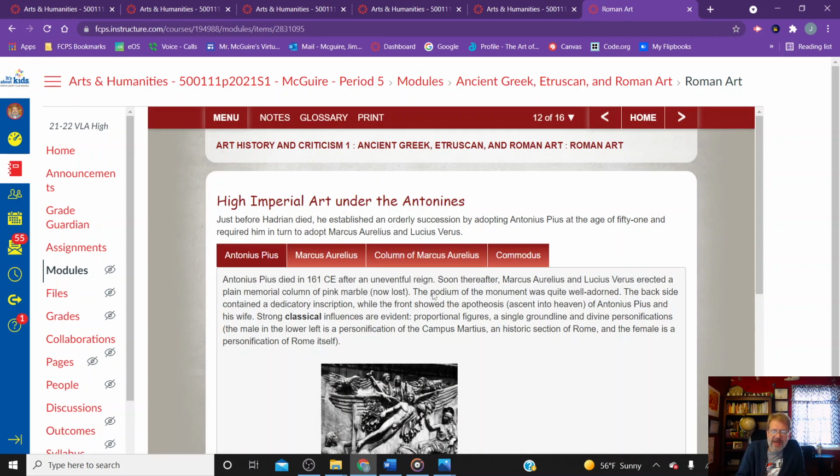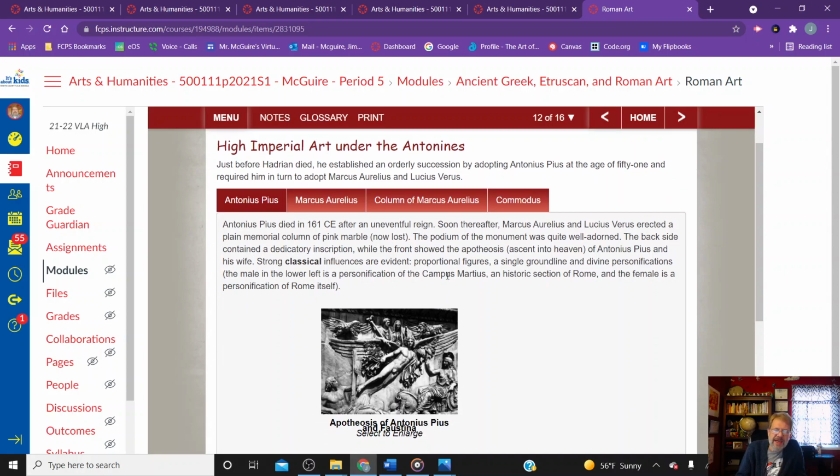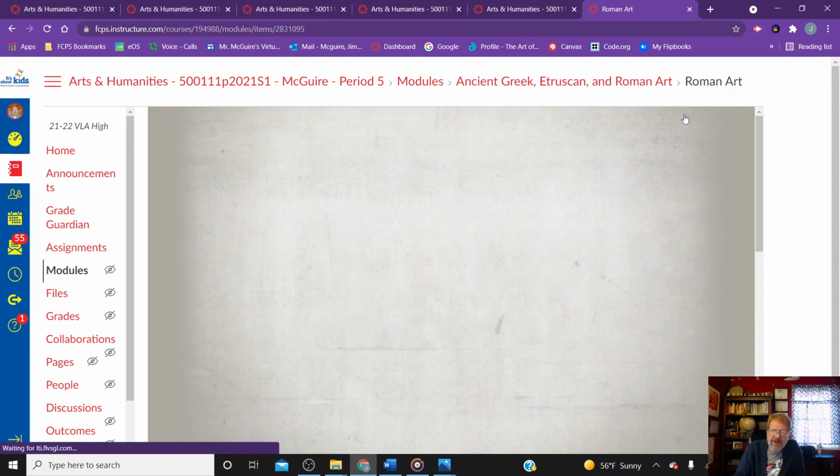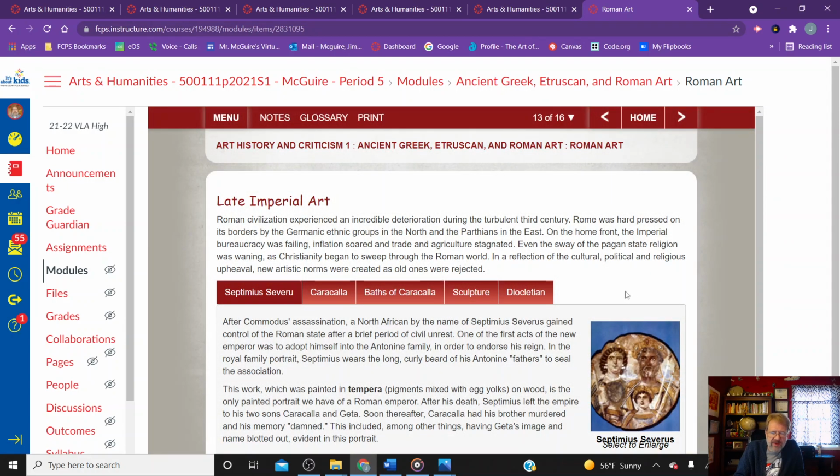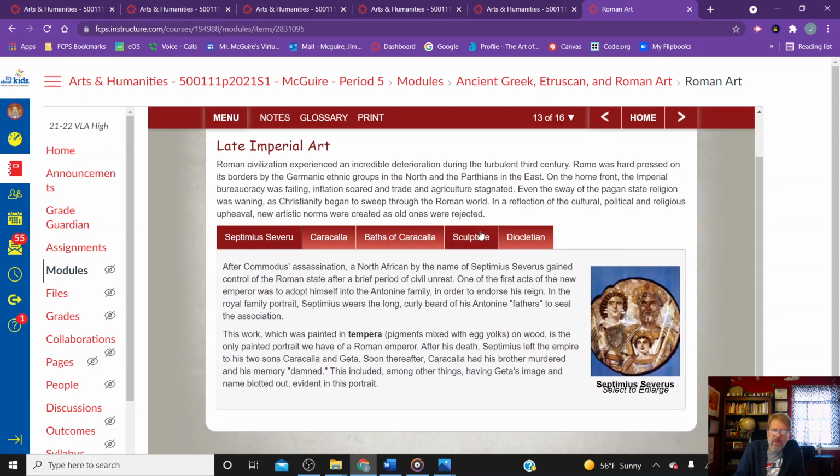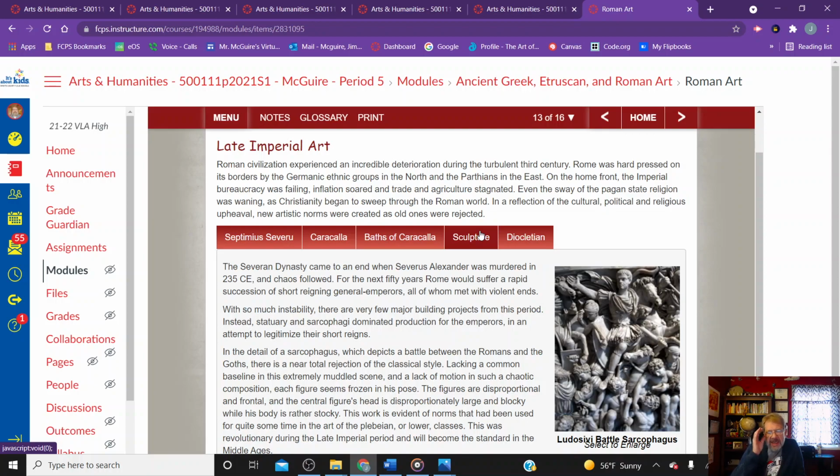You want to be able to recognize the difference between early, high, and late imperial art, and which of these pieces are reflective of what. When we look at the late imperial sculpture, I want you to be able to recognize these deep reliefs. This is one of these that come from late imperial art.